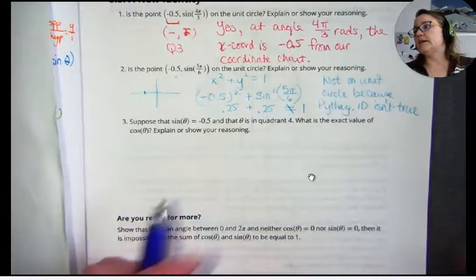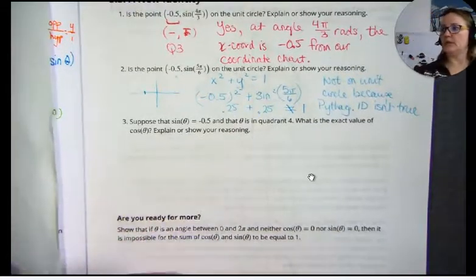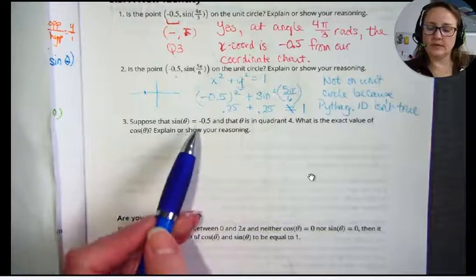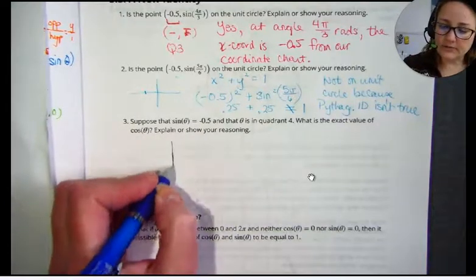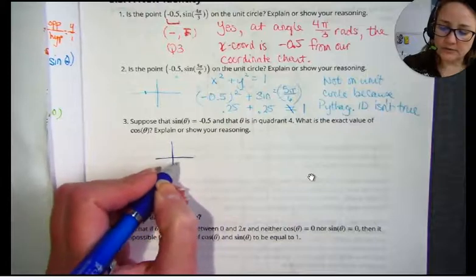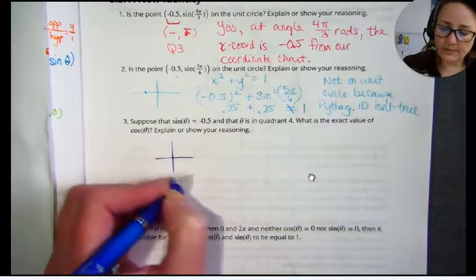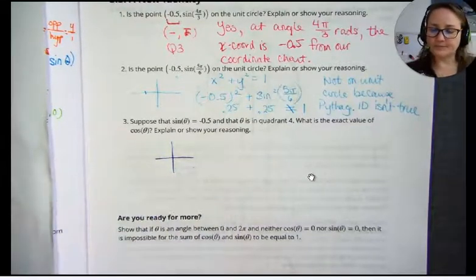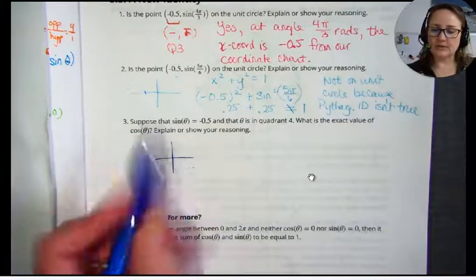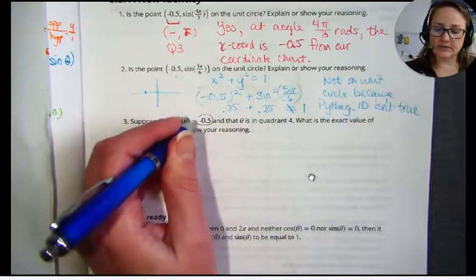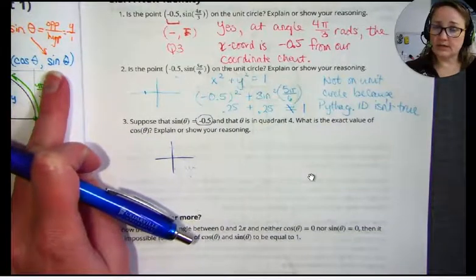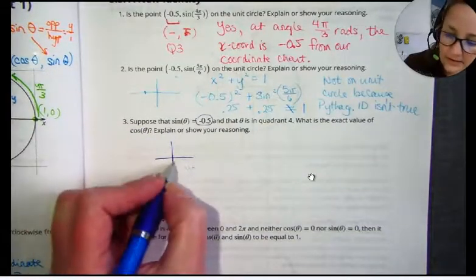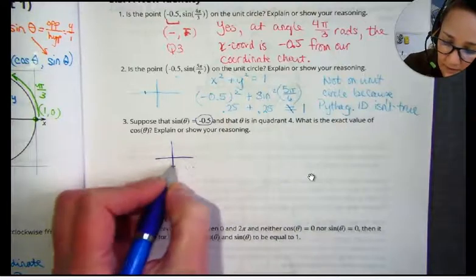So suppose that sine theta equals negative 0.5, and that our angle is in quadrant 4. So we're somewhere down here. Now we're still stuck with this sine. That means our y coordinate is negative 0.5.